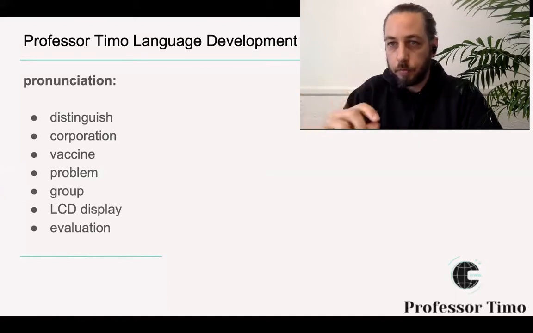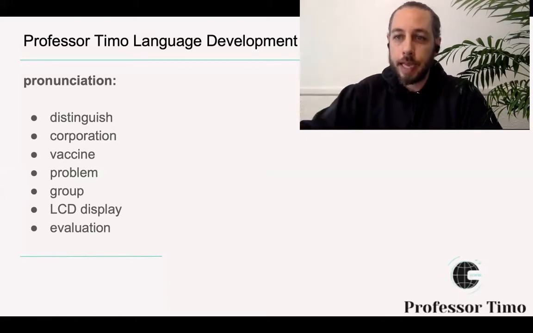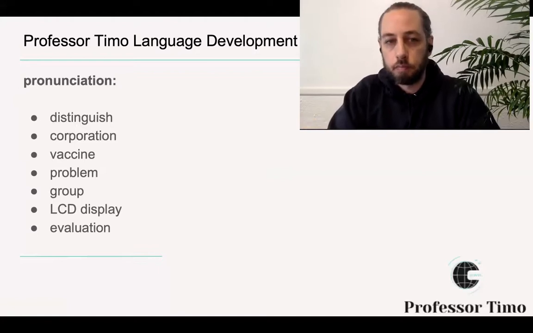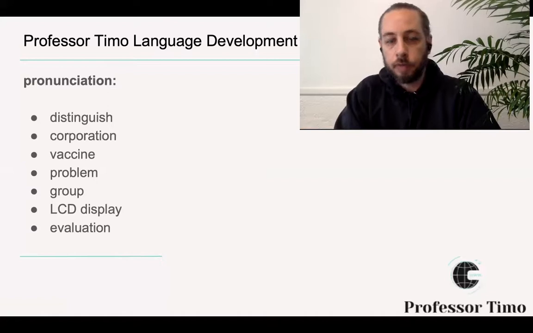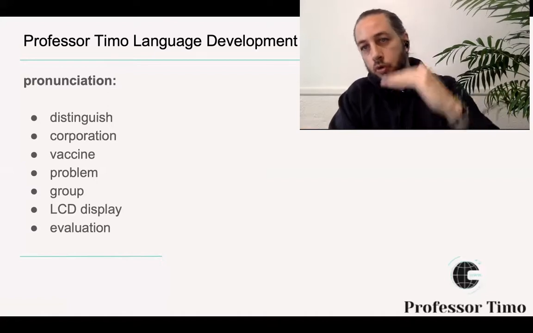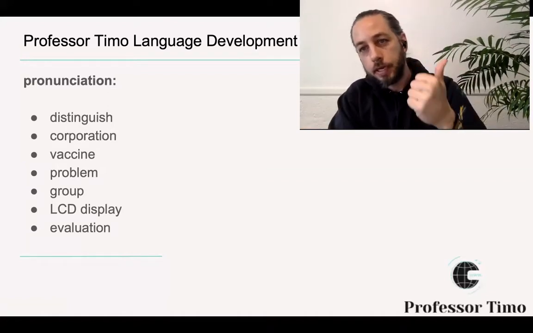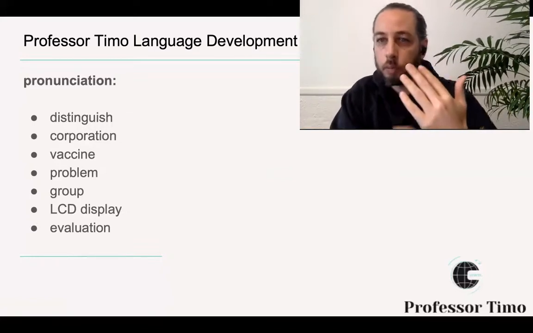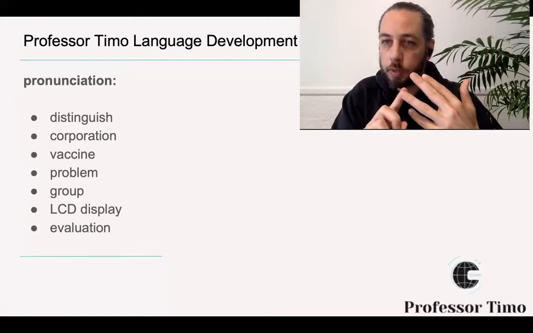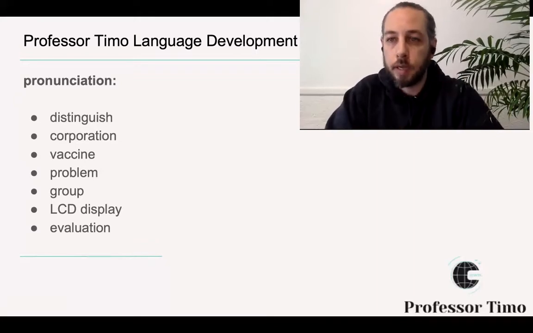So repeat the full thing, LCD display. All right. And lastly, for this page, we've got the word evaluation. So that's a 5-syllable word and the 4th syllable is stressed. So repeat after me, evaluation.